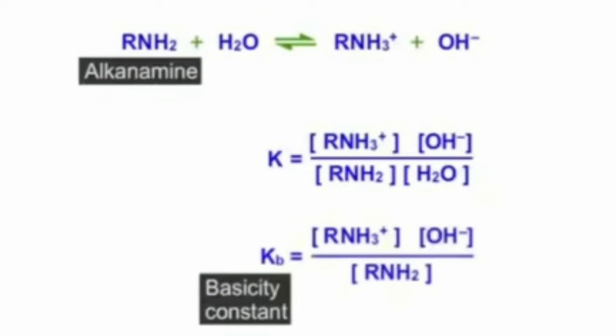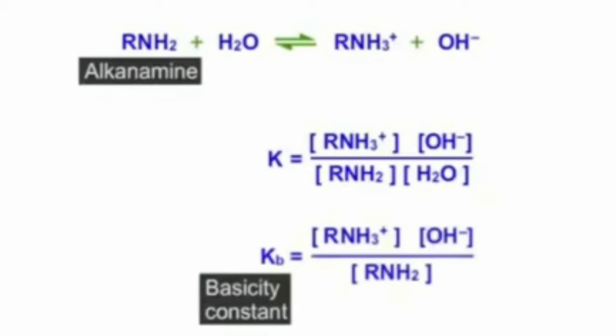From this equation, the basicity constant Kb can be written as Kb is equal to the concentration of RNH3 plus into the concentration of OH minus divided by the concentration of RNH2. Here, the concentration of water is taken as a constant.